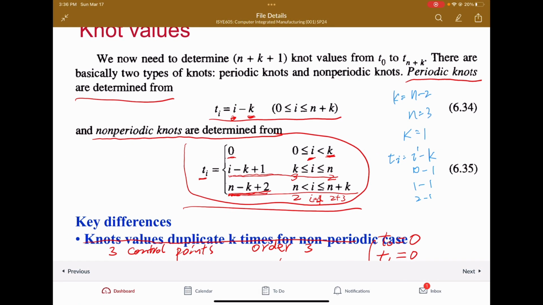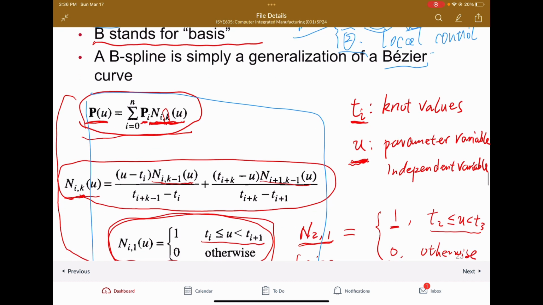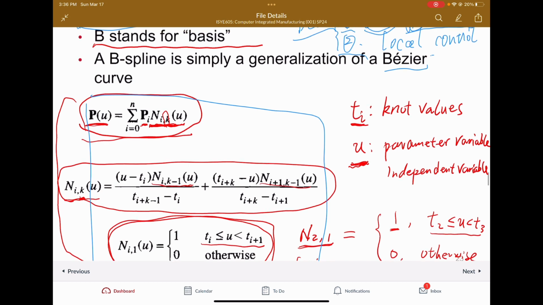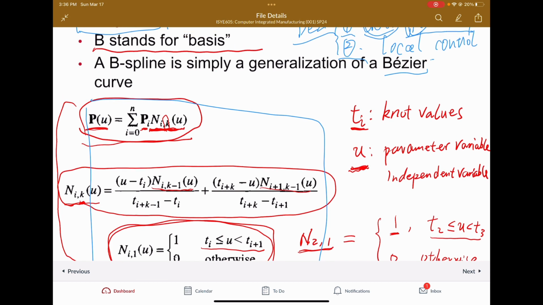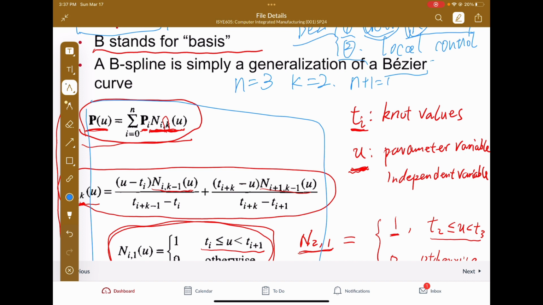Remember n equal to 3, k equal to 2, and the number of control points is n plus 1 equal to 4 control points.